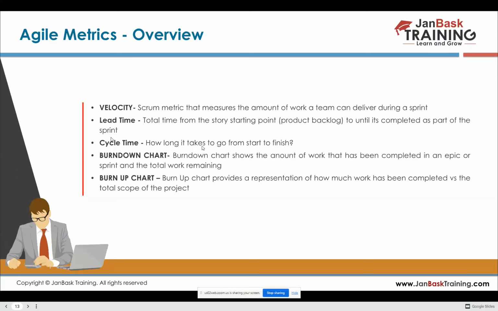That means you have taken only 3 days to complete it. It's not that you have taken the entire 8 days to complete that story, right? So that gives you the lead time. Although the story has been completed on the 8th day of the sprint, you started working on it from the 5th day. So the total time from the story starting point until it's completed as part of the sprint gives you the lead time.